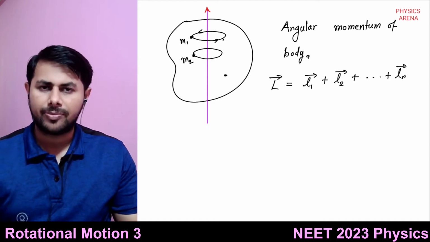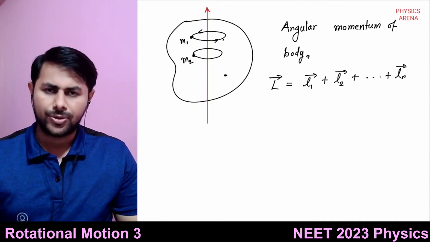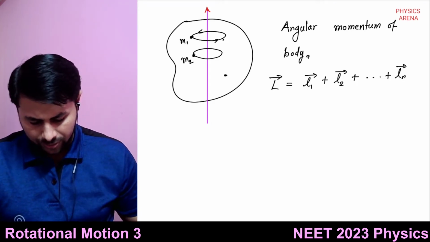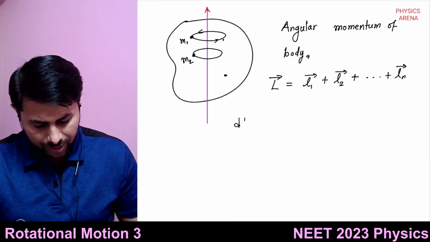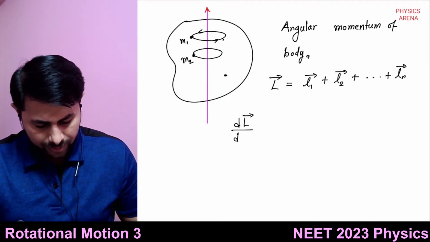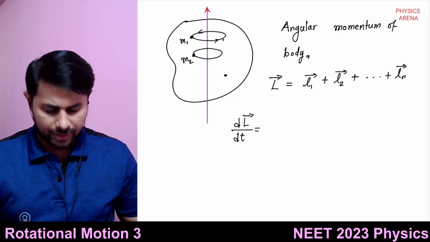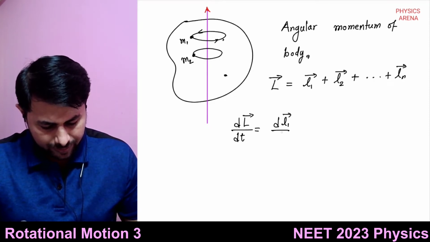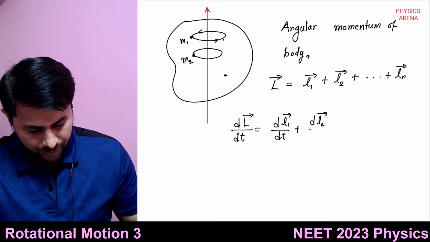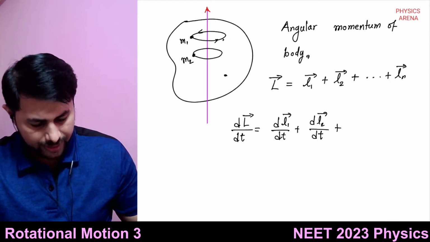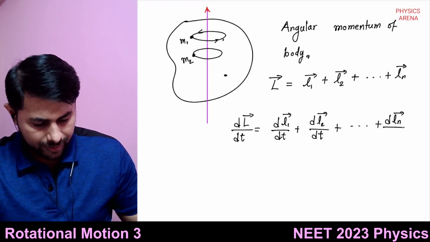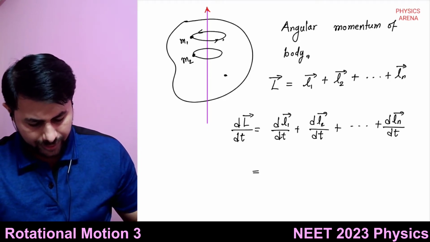So it is L1 bar plus L2 bar plus so on and so forth up to Ln bar, right? Now if you take the derivative of this angular momentum with respect to time, it is equal to dL1 bar by dt plus dL2 bar by dt plus so on and so forth up to dLn bar by dt.